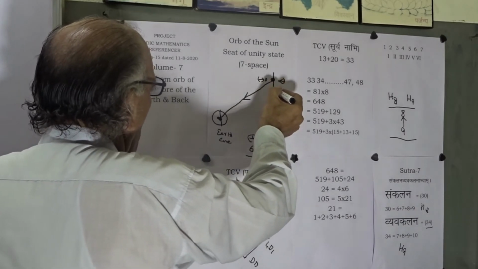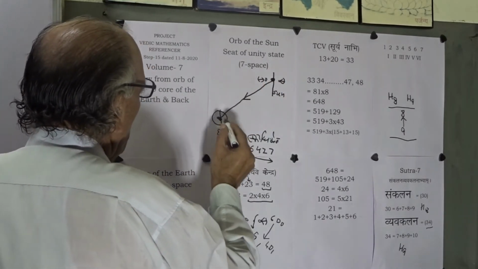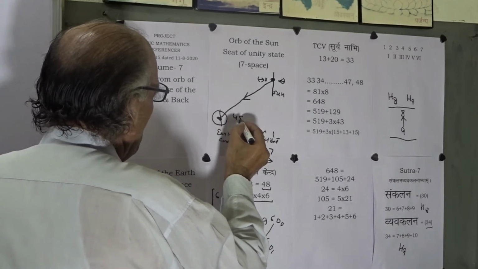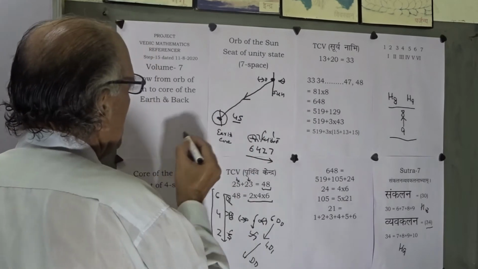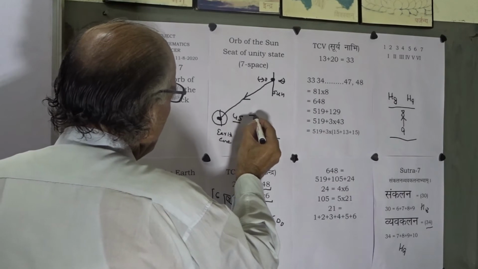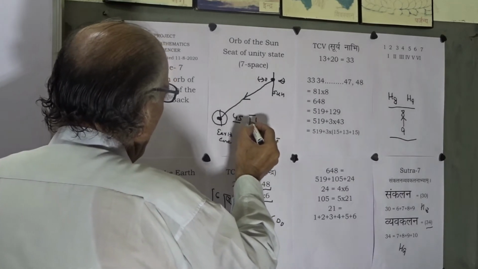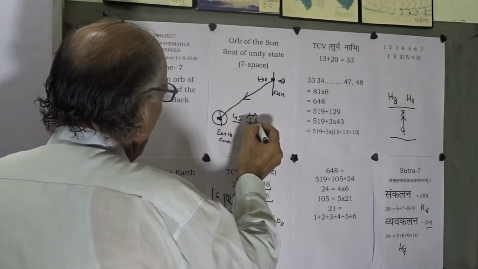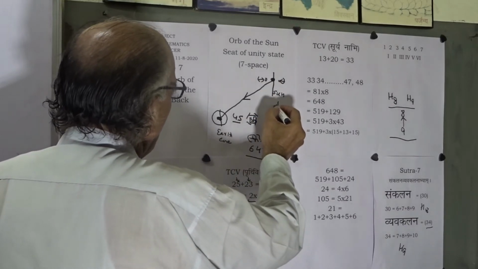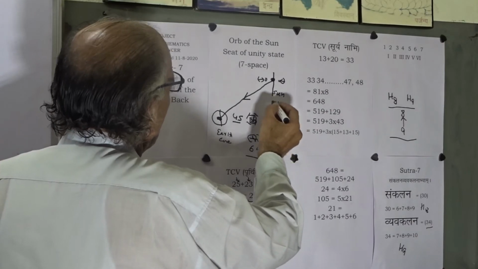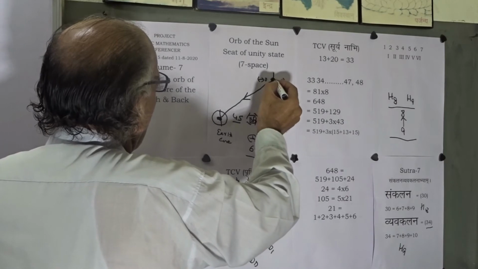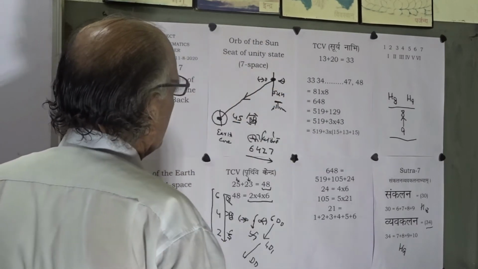We know that 4 space is a seat of the origin of 3 space. So the core of the earth is a seat of a 4 space. So hypercube 4 is the format for the core of the earth, and hypercube 7 is the seat of the orb of the sun.